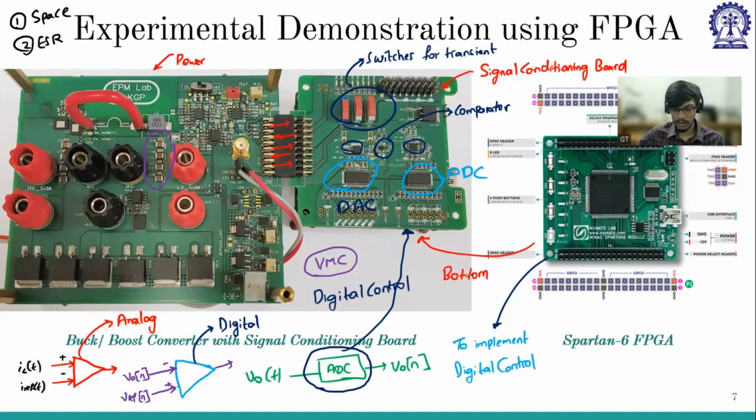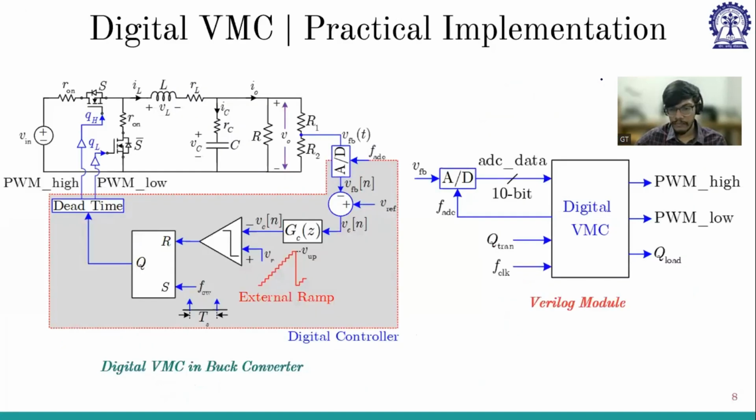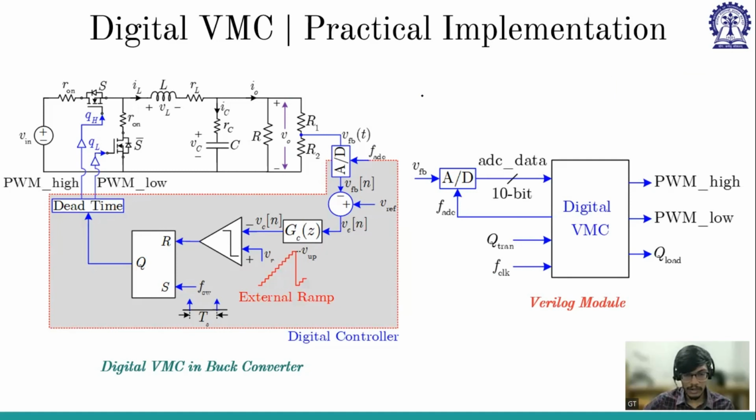Okay, sir. Okay. So first we'll discuss the voltage mode control, as this part we have discussed in the previous week 8. I'll just quickly go through it. So this is the Verilog module, and the feedback is going to the analog to digital converter, which is giving ADC data 10-bit, and it needs the FADC clock that is generated by this module.